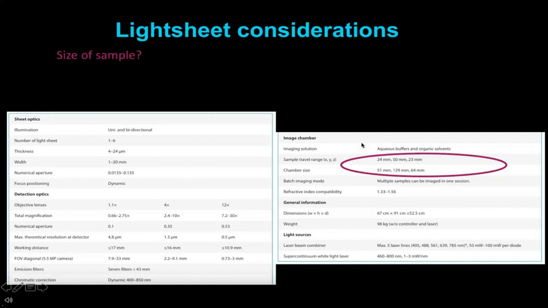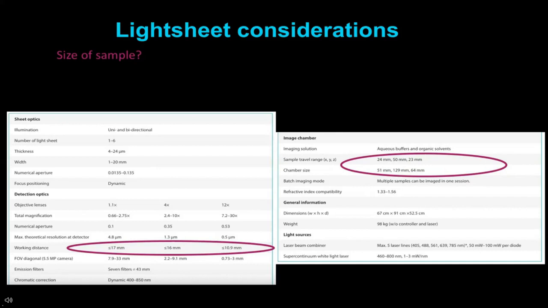In terms of the sample size, you want to be able to, of course, physically fit it into your chamber, and you also want to check the travel range of the microscope. In addition to this, we also have to consider the working distance, because for our 1x lens, the working distance is 1.7 centimeters, which is some of the highest working distance for the microscopes out there at the moment, actually.